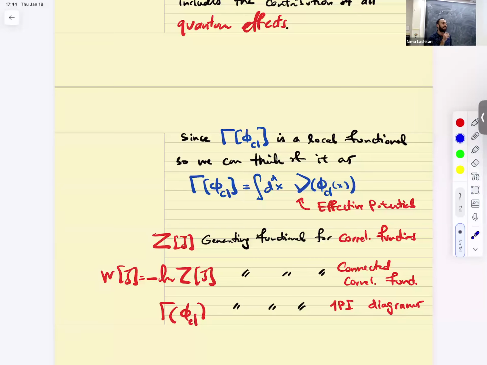Effective Lagrangians are usually Lagrangians that are effective field theories. So here we have integrated all the quantum stuff, right? Over there in effective Lagrangians, you have integrated only the quantum UV part. Here you have done all the integrals.